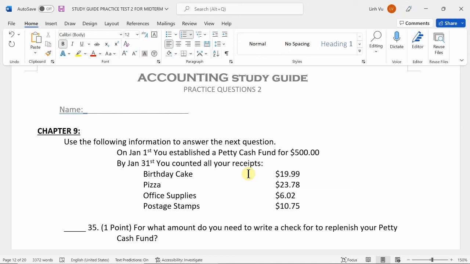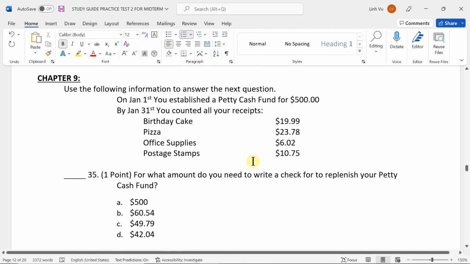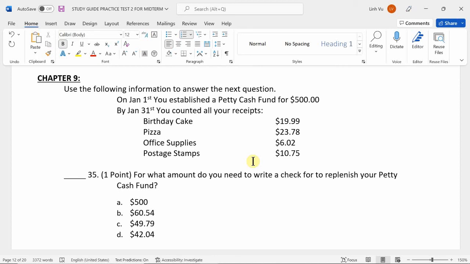If on January 1st you establish a petty cash fund for $500, and then on January 31st, you counted your receipts. Okay, so here you have a total. You purchased a birthday cake for $19.99.